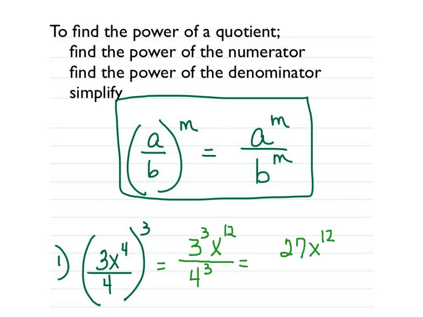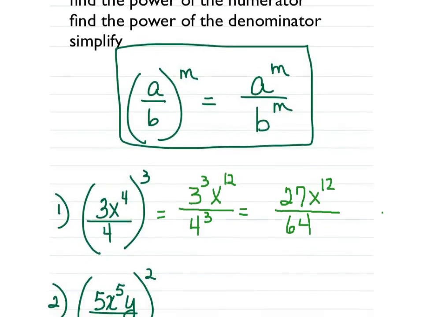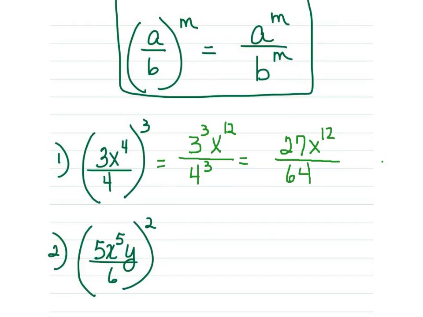X to the 12th divided by 4 cubed, which is 64. And if you can reduce, remember that you must. In this case, you cannot simplify.